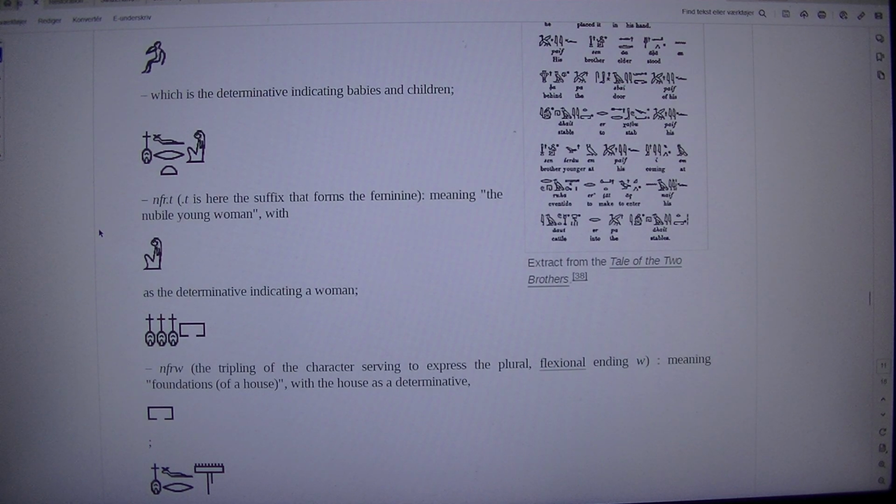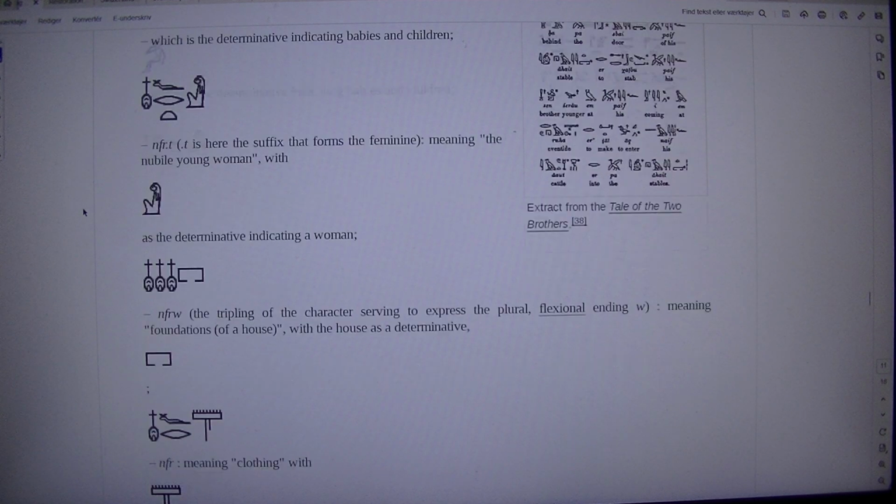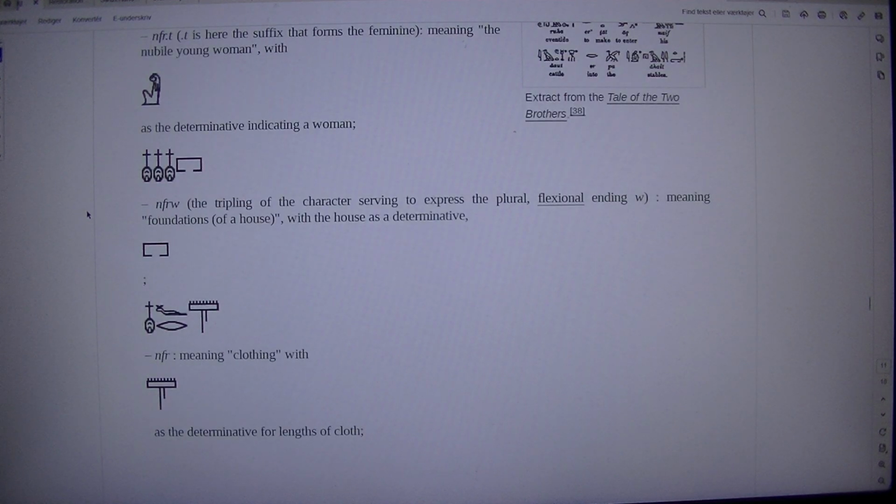NFR, NFR, NFR, PR. NFRW, the tripling of the character serving to express the plural, flexional ending W, meaning foundations of a house, with the house as a determinative. PR, NFR, F, R, S28. NFR, meaning clothing, with S28 as the determinative for lengths of cloth.